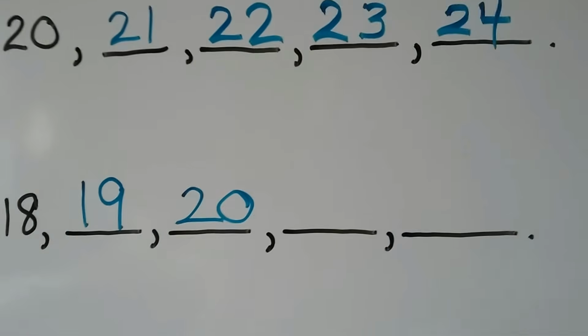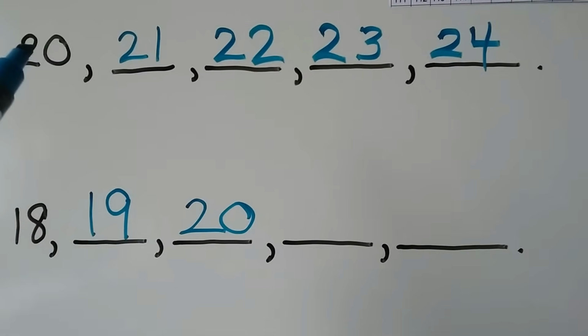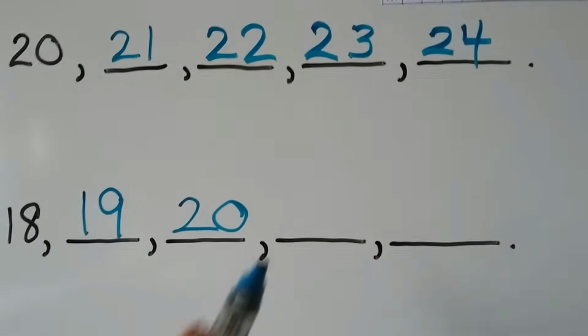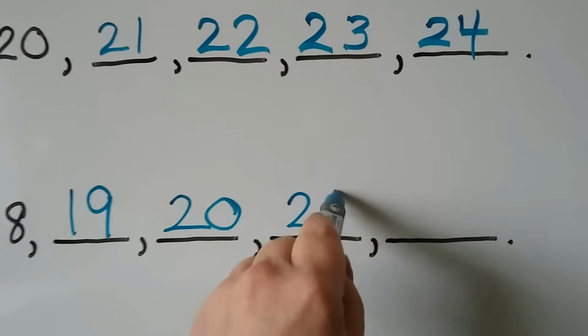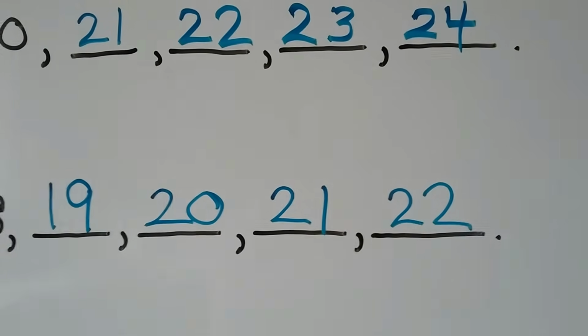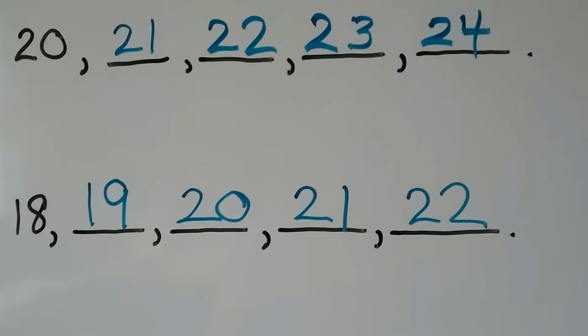We can use the 100 chart to help us count forward. We could also use our previous problem. We did that. We went from 20, and the next number was 21. And the next number is 22. Sometimes the problem we just finished can help us do the next one.